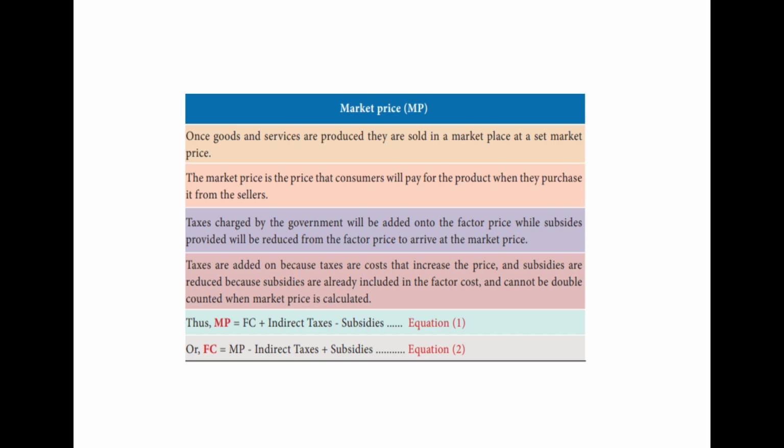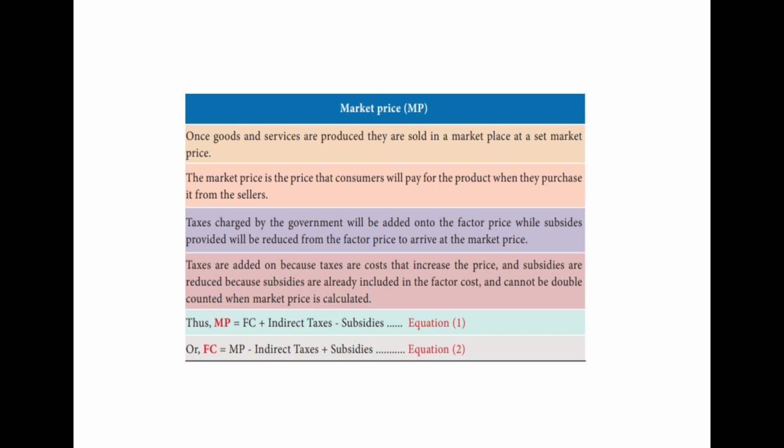Now, what is market price? We have put all the factor cost inside, and if we have produced goods and services, that product or service is brought into the market, and the market has a value for the particular commodity. Any commodity brought into the market has a price.